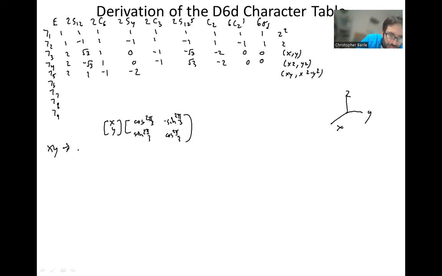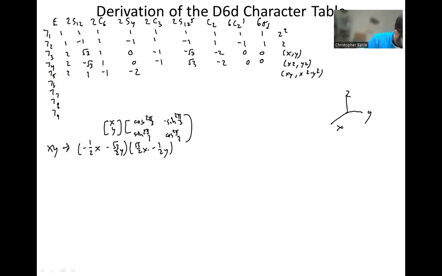So that is saying x goes into negative 1/2 x minus root 3 over 2 y, and y goes to root 3 over 2 x plus, sorry, cosine of 2 pi over 3 is minus 1/2 y.